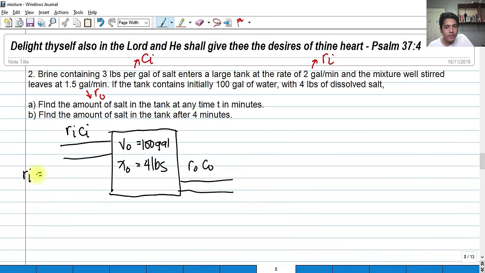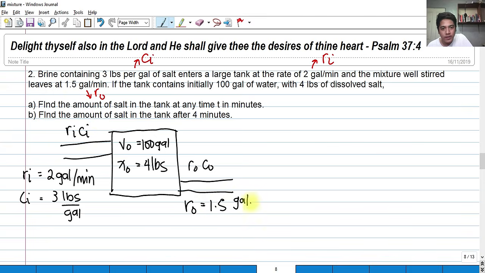Our R sub I is 2 gallons per minute, and C sub I is 3 pounds per gallon. R sub O leaves the tank at 1.5 gallons per minute. Our C sub O is not given again, so we're going to find it by this formula: C sub O is x over V, where x is the amount of salt at any time t and V is equal to this.